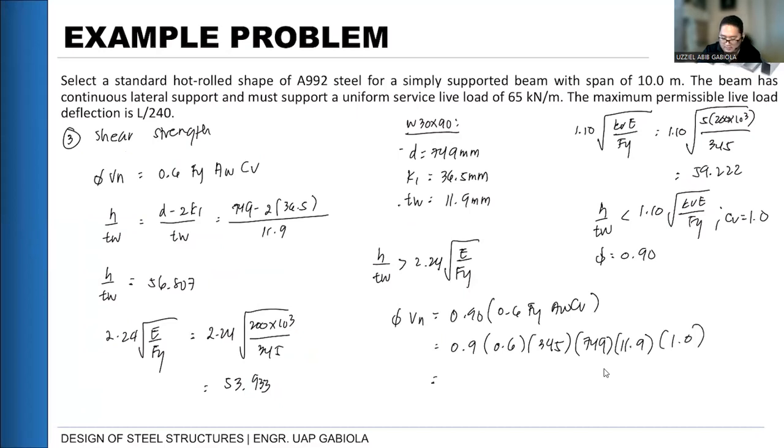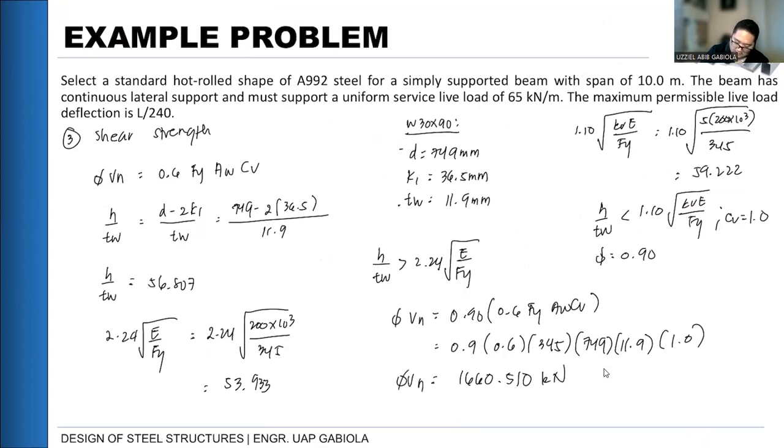So ito yung magiging value ng shear natin: 0.9 times 0.6, 345, then 749 times 11.9 times 1. Okay? So makukuha natin is 1660.510 kilonewton. So ito yung capacity ng section natin.